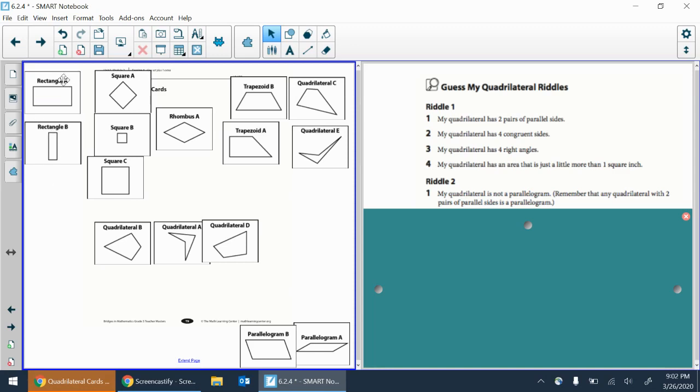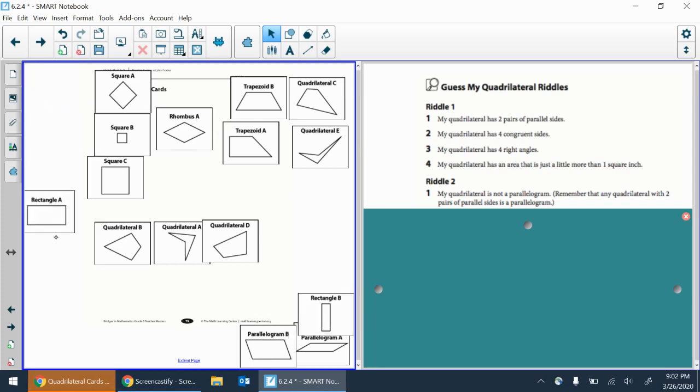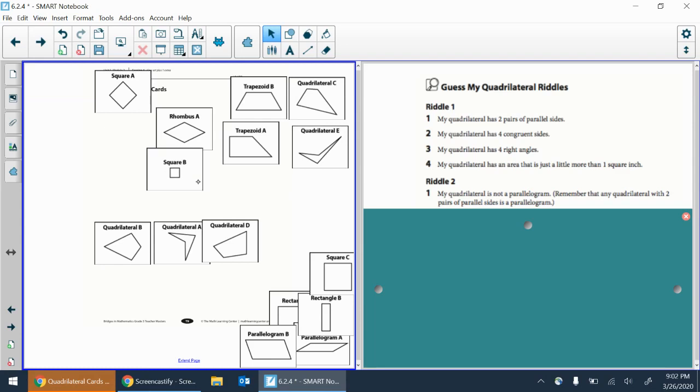Rectangles, the tops and the sides are parallel. So I want to get rid of them. Even though their name is rectangle, they are still technically a parallelogram. So I want to get my squares. Those are parallelograms. The tops and bottom are parallel and the sides are parallel. I do not want those.